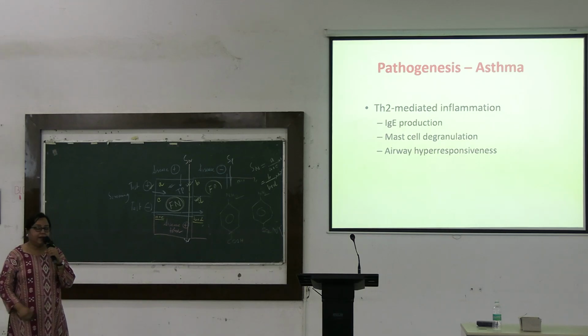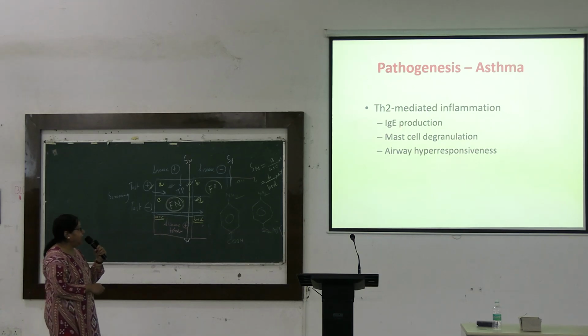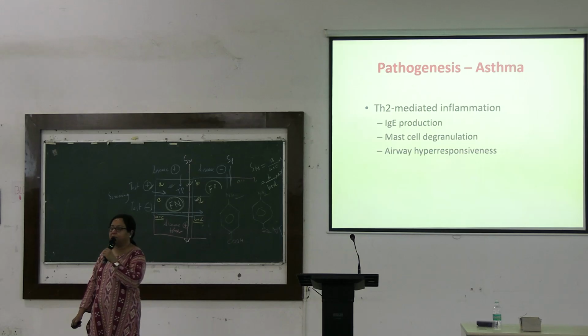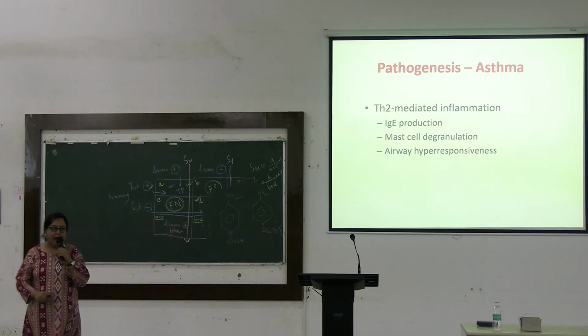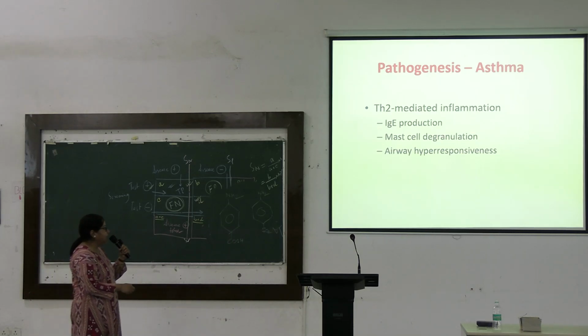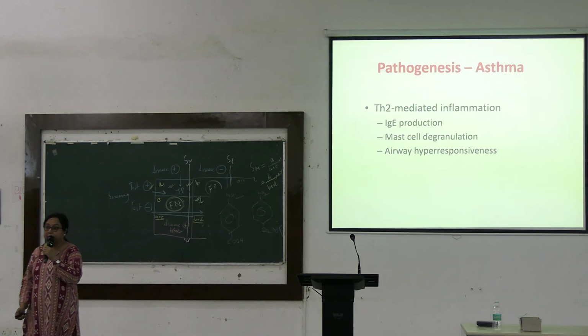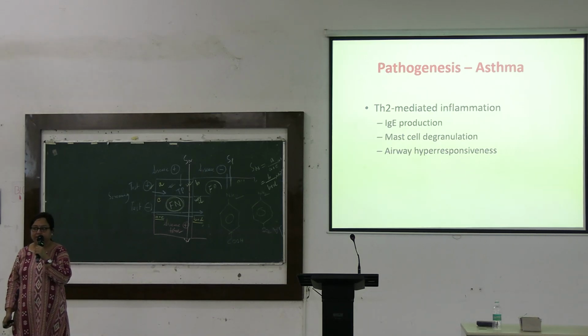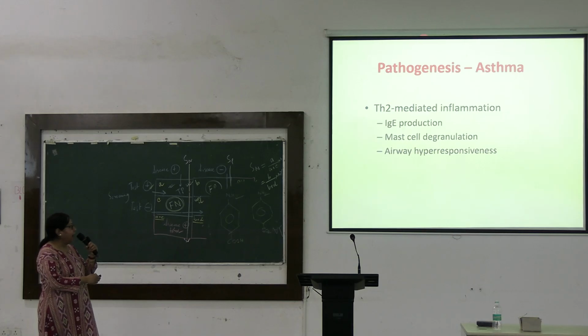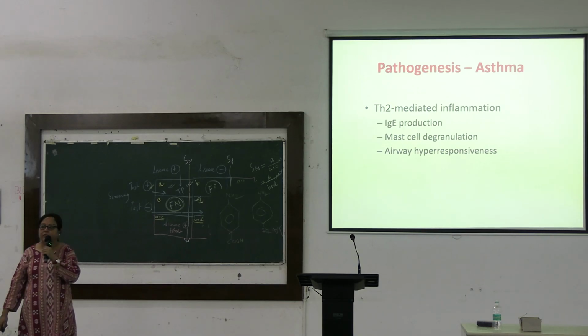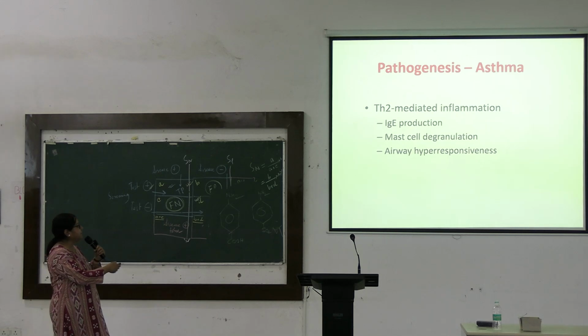So there is inflammation, IgE, immunoglobulin E production. It is very important. IgE production, mast cell degranulation. And as I said earlier, airway hyperresponsiveness. It is very important. So IgE production, mast cell degranulation, airway hyperresponsiveness.